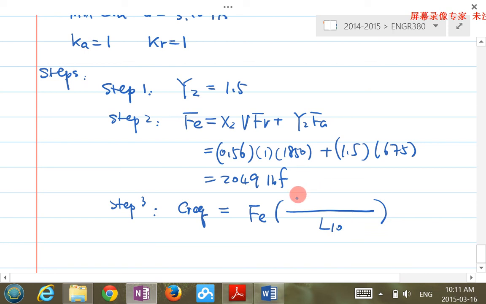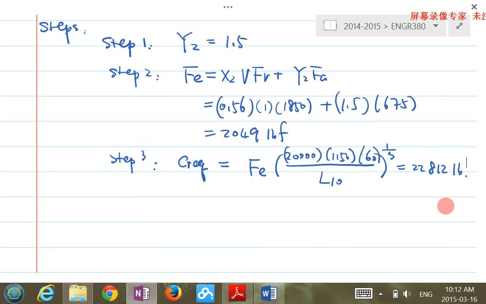The desired life is 20,000 hours, at this much speed, times 60 minutes, which converts it into revolutions, all to the power of 1/3. That's your C required, and it turns out to be 22,812 pound-force.